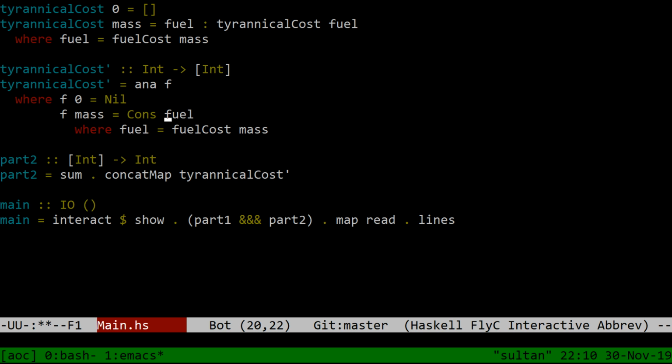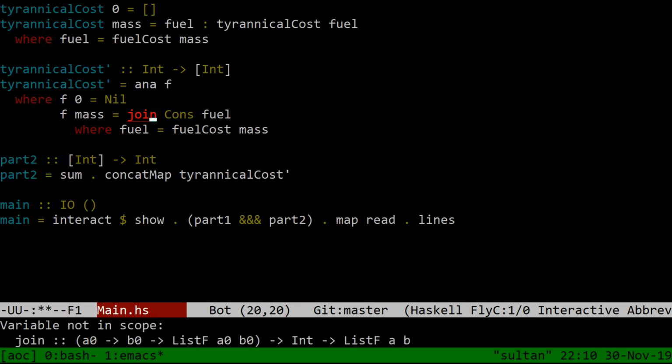By the way, you guys want to see something funny? Join cons fuel, right? Nope, I'm wrong. Why does that not work? Isn't it the same as, no, that's the opposite. I was thinking this is how you... Functions are a monad, and using the same argument twice is kind of how they do things.